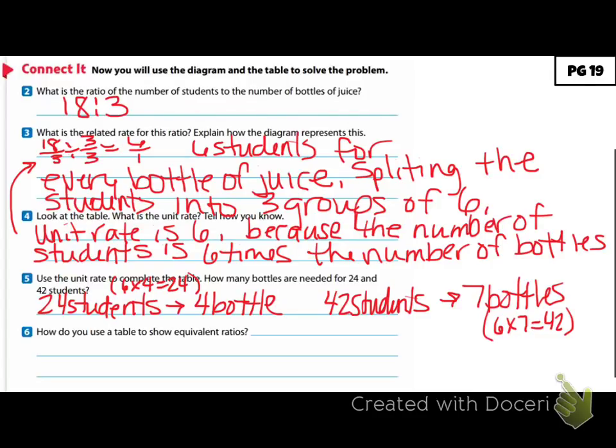Right, number 6, how do you use a table to show equivalent ratios? Well, we write the ratio given.